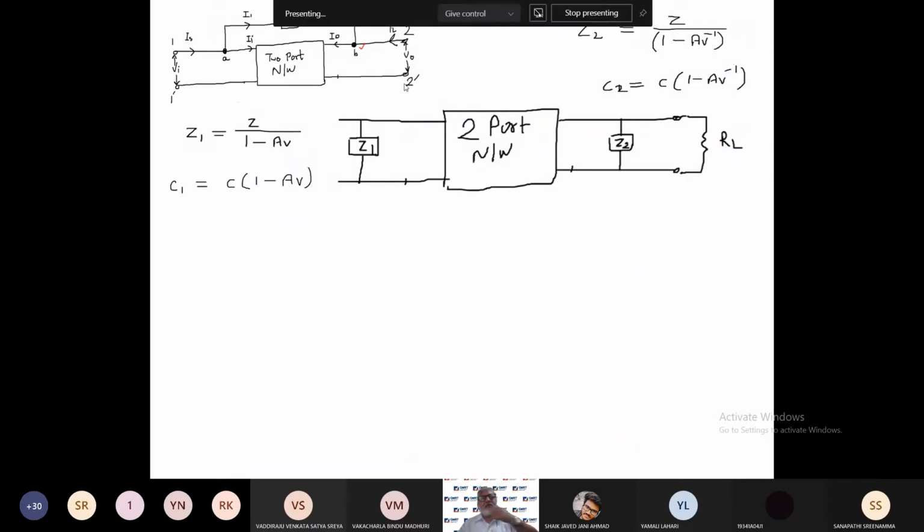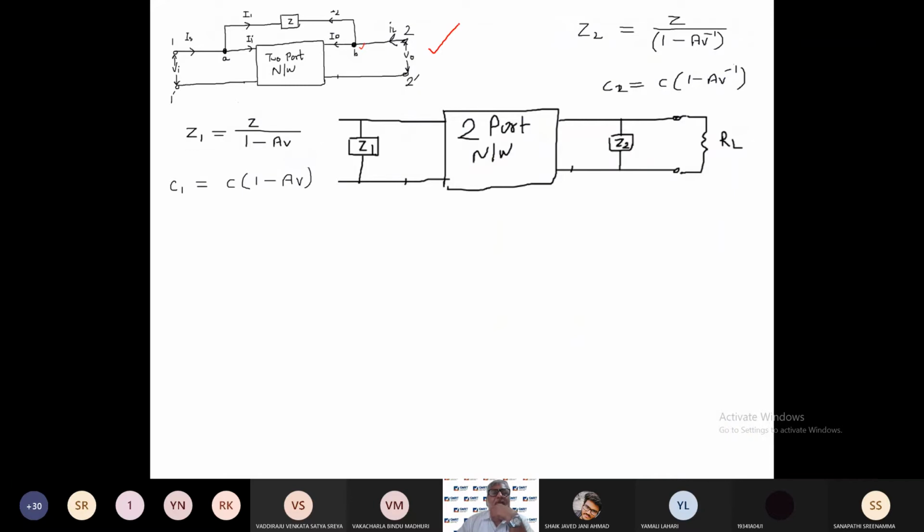Now, as per the Miller theorem, if you have this type of circuit, where there are ports 1 and 1 dash, another port 2 and 2 dash, and this is some 2-port network, and this is one point A at the input side and another point B at the output side, and in between these input and output points we have connected one impedance Z. So one impedance Z is connected between the input and output connections.